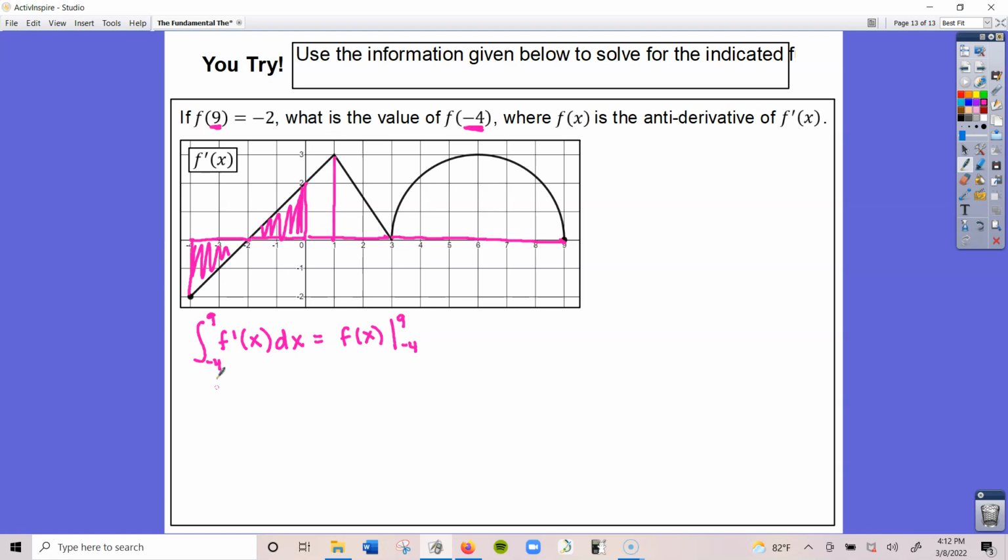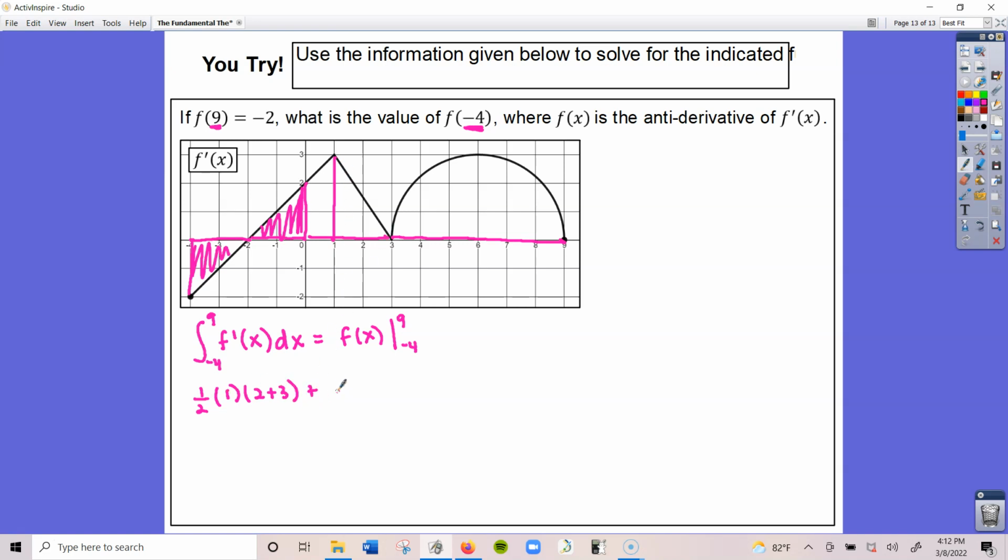So for the trapezoid, that's 1/2 the height, which is 1, times base 1, which is 2, plus base 2, which is 3. Trapezoid done.